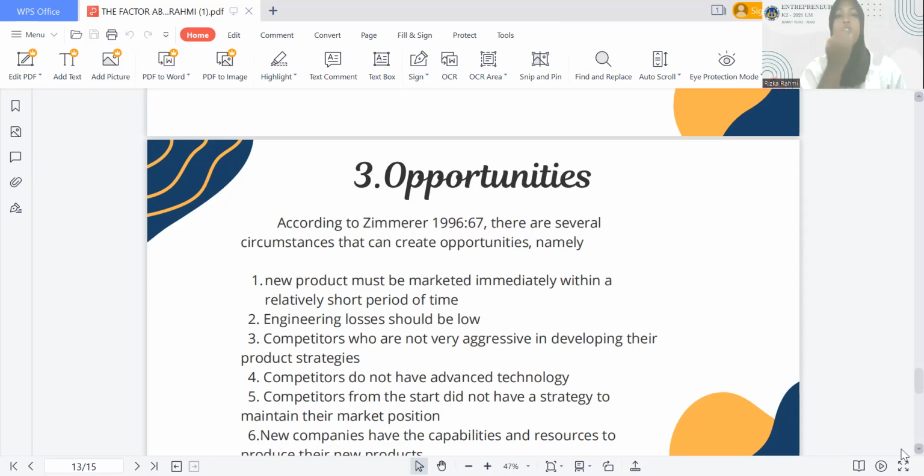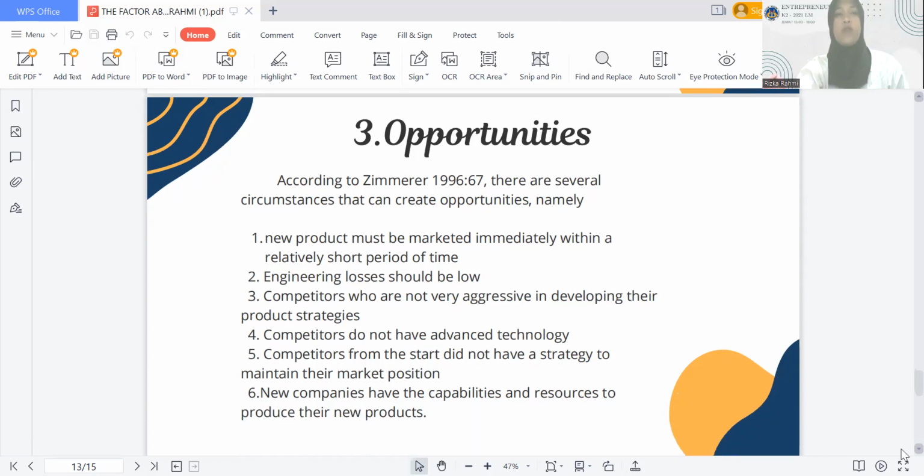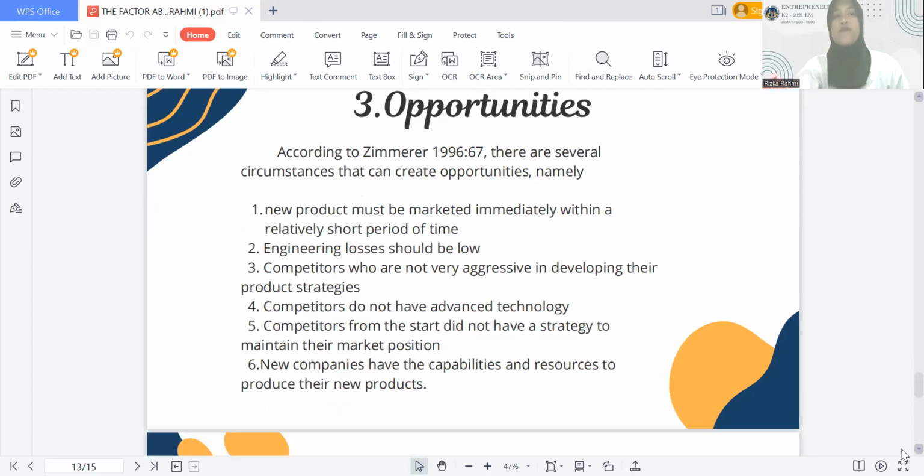The next is competitors do not have advanced technology. And the next is competitors who do not have a strategy to maintain their market position. And the last, young companies have the capabilities and research to produce their new product.